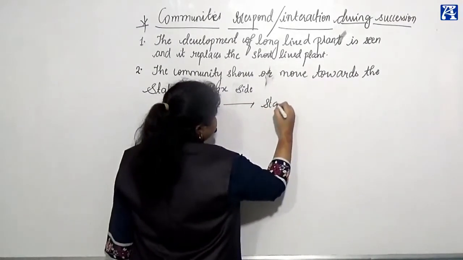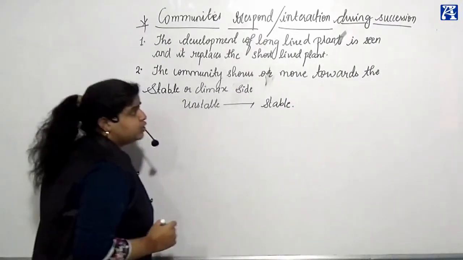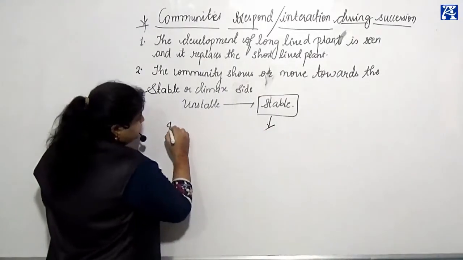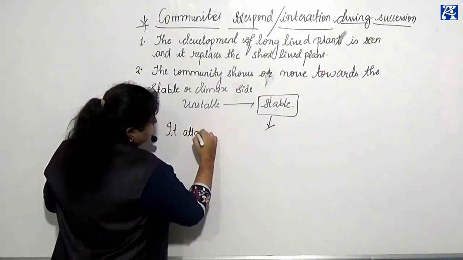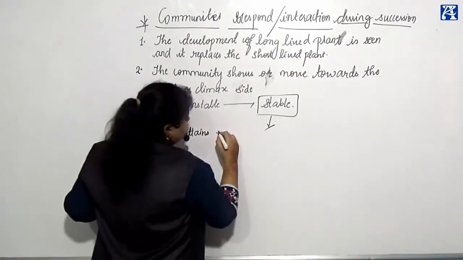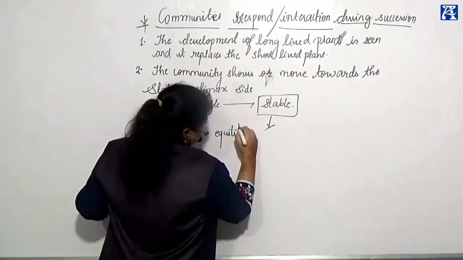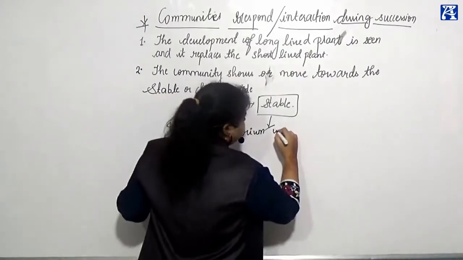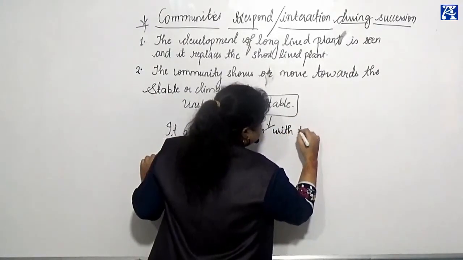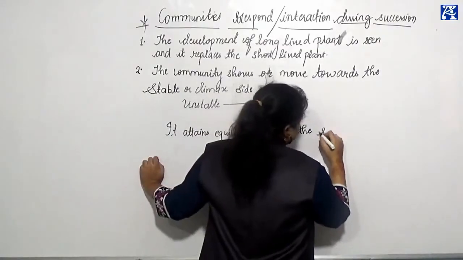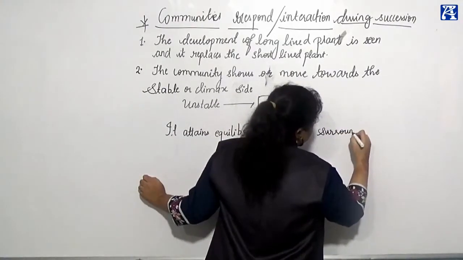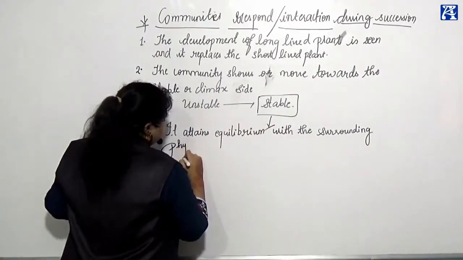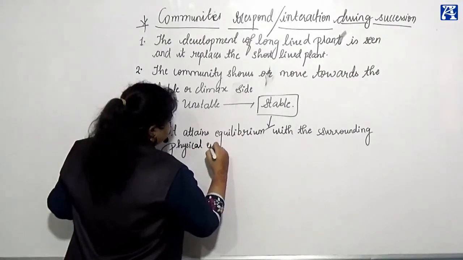It moves from unstable to stable. And what do you mean by stable? Stable means that it attains equilibrium with the surrounding physical environment.